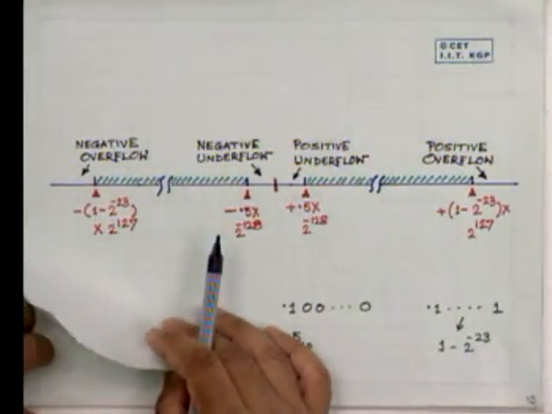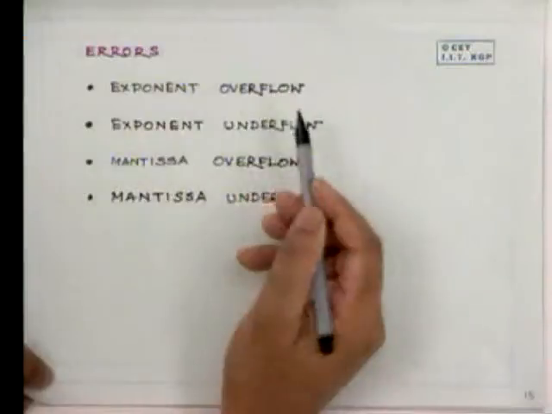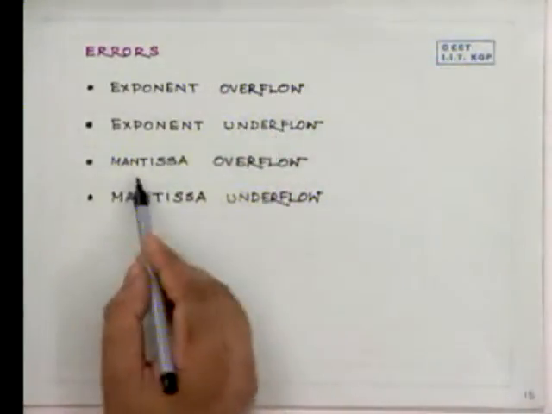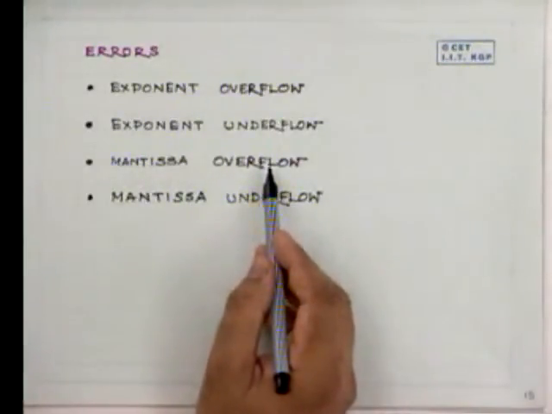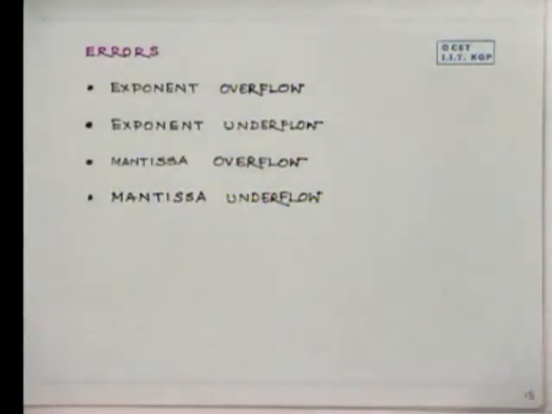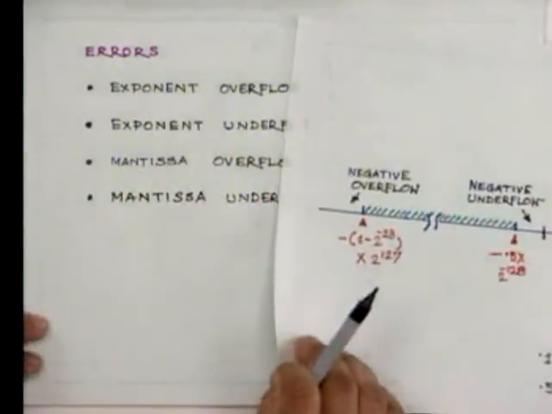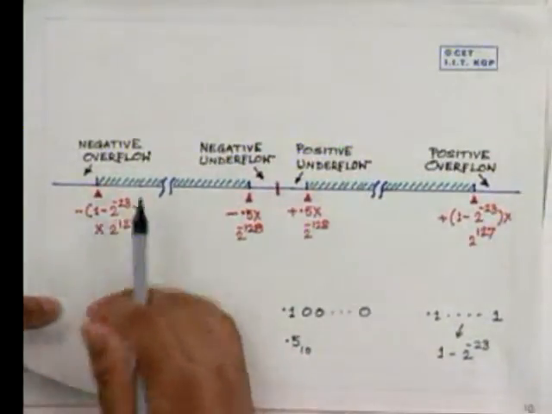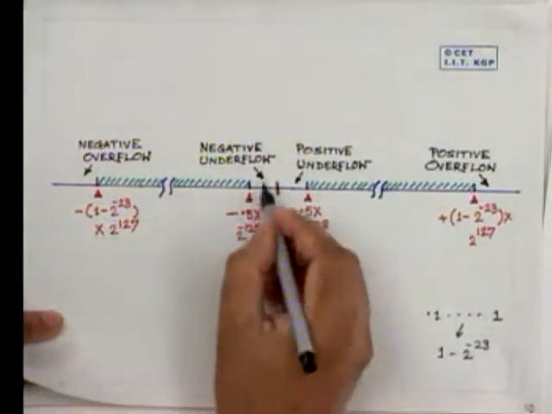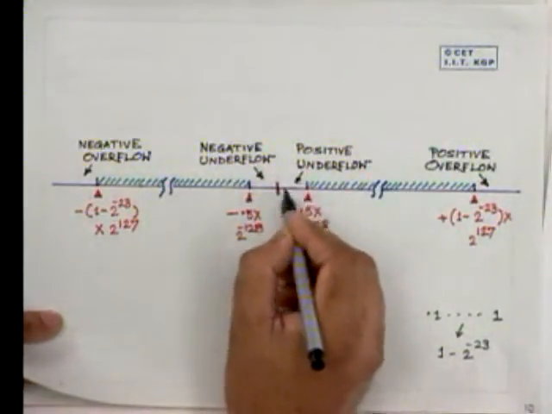To go into the details, basically we can have an exponent overflow, an exponent underflow, a mantissa overflow, and a mantissa underflow. Exponent overflows will come over to here and here. In the case of an exponent underflow, it will come here or here.